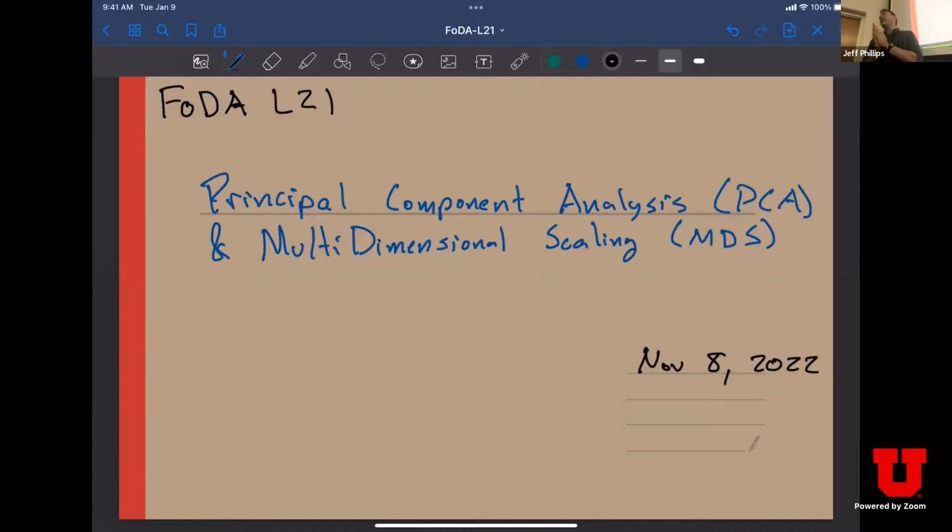Okay. So today, this will be the last lecture in the dimensionality reduction section. What I hope to do is tie everything together. We'll review what we've gone over the last few lectures and pull out the core elements.